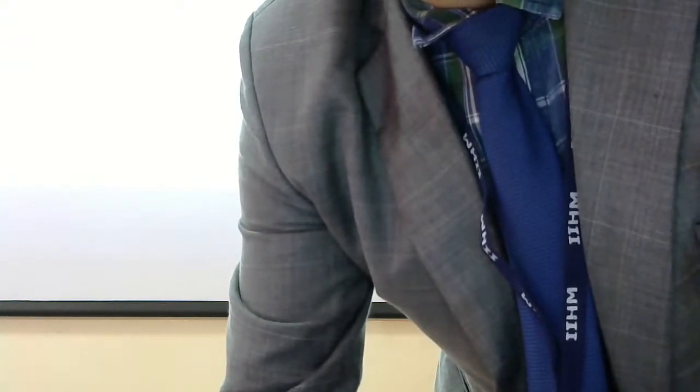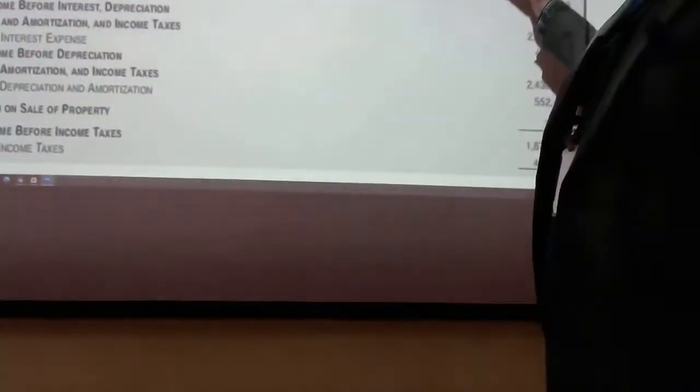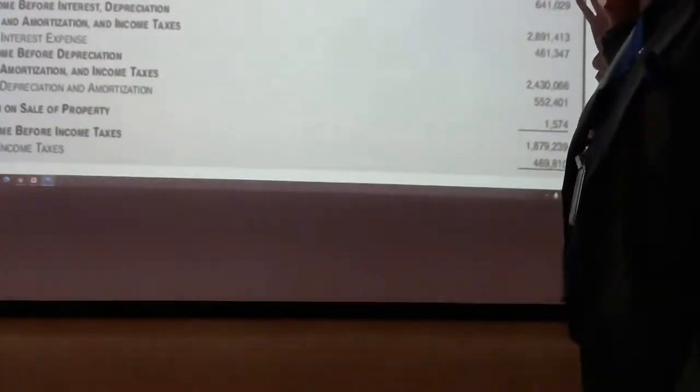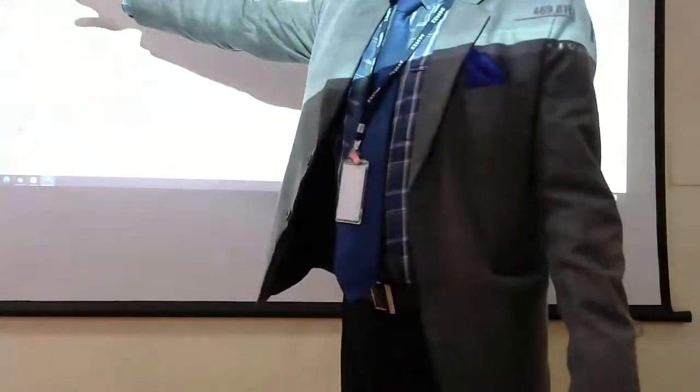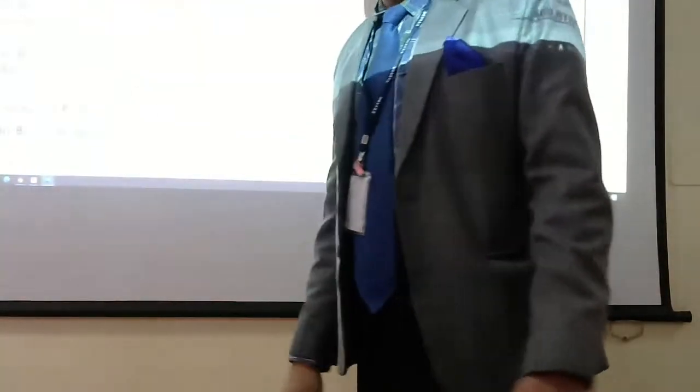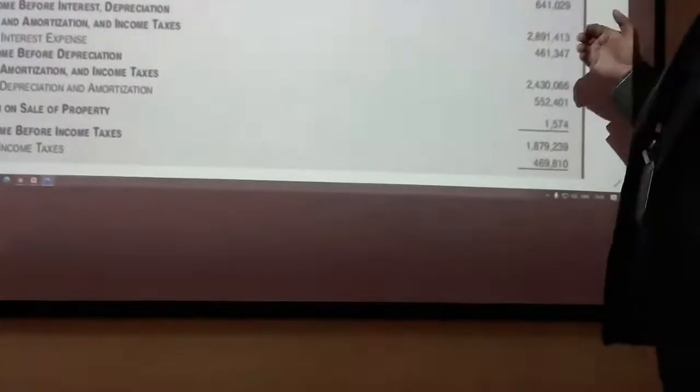So from that we are subtracting 5 minus 2, so we are getting something like 3,000 something, which is, after subtracting the expenses, the income after undistributed and operating expense. And then we are talking about the various other costs which are involved, like rent, property, etc., insurance, income before interest, depreciation, and amortization.